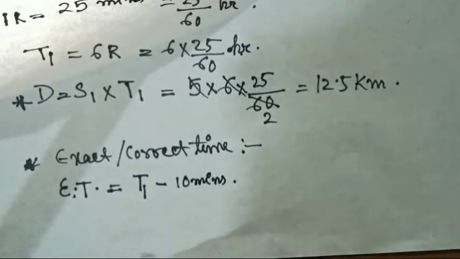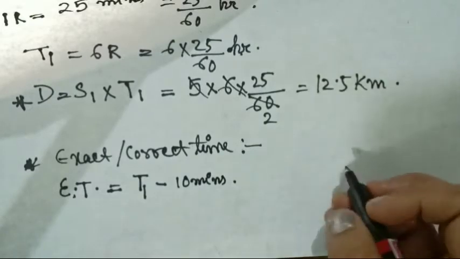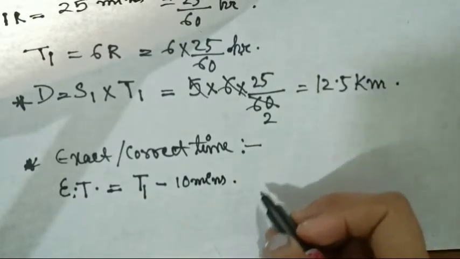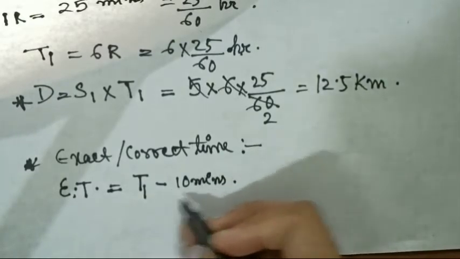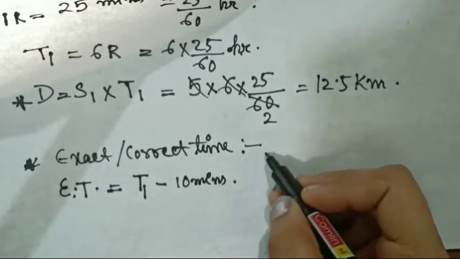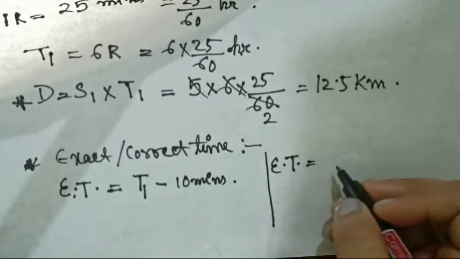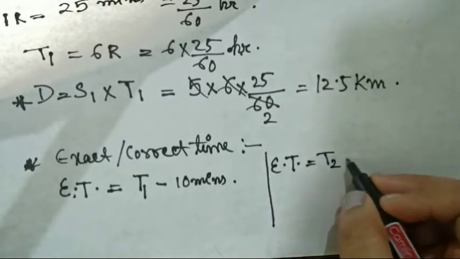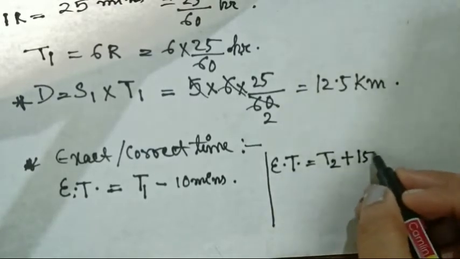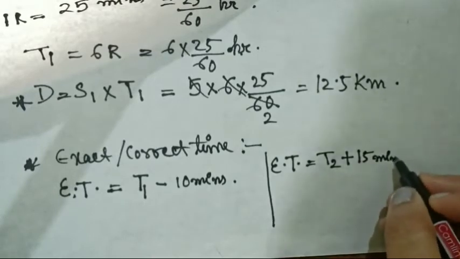Why? Because in the first case he was 10 minutes late, so whenever someone is late, we subtract that time from T1. In case 2, for finding the exact time, if we are using T2, then we add that 15 minutes, because he is 15 minutes early.